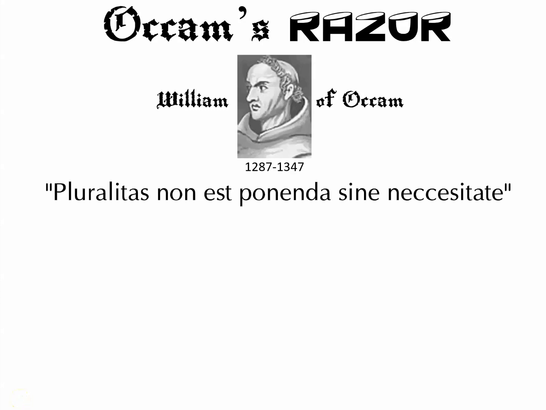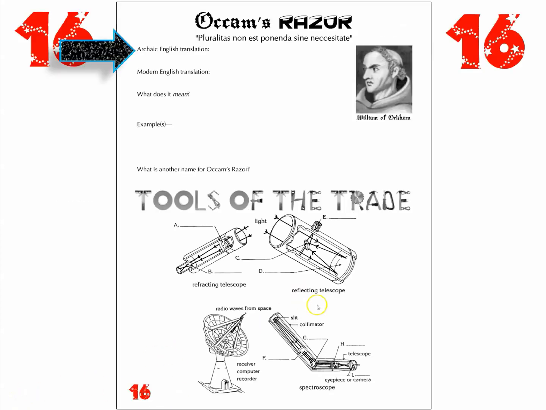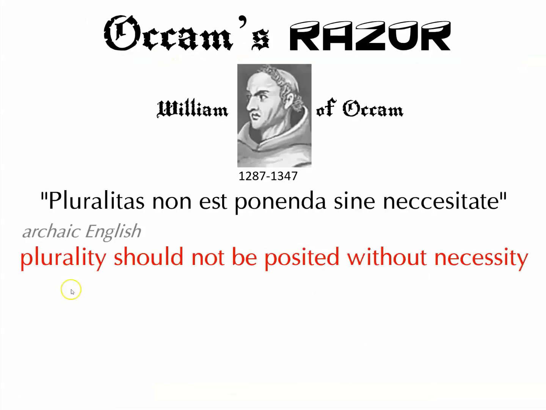Latin is not quite as widespread globally as it once was, so let's do some linguistic evolution. Let's move from various language frames. We'll go from Latin to the archaic English translation, which is plurality should not be posited without necessity. It is English, but probably needs a little bit more clarity.